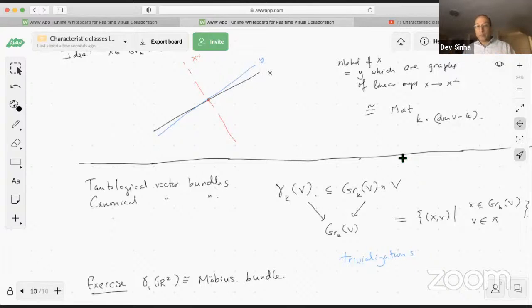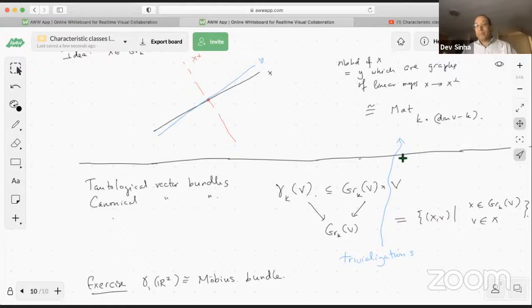And I want some sort of trivialization, but the nice thing is these trivializations are exactly given by this same story here, the neighborhoods that we use for manifold structure. Also, because this linear map from x to x perp, from x to y, sorry, from x to x perp, then gives an identification of the subspace y with this graph.